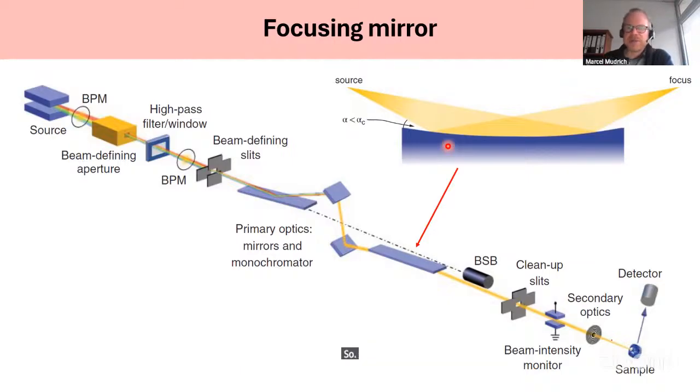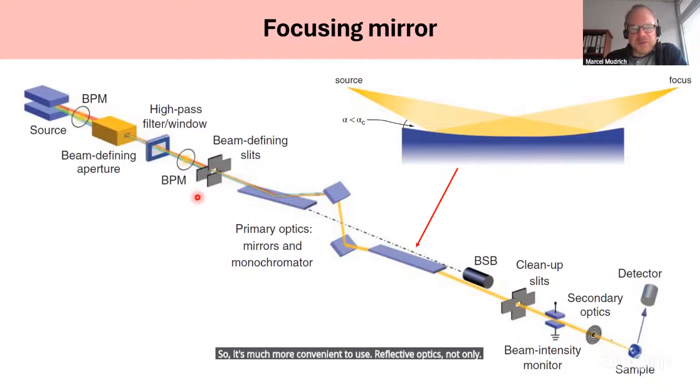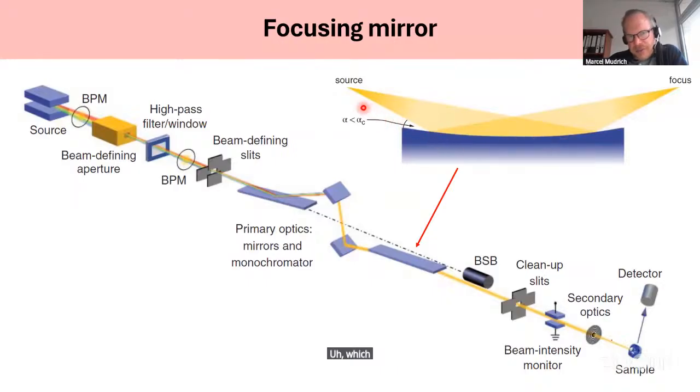So it's much more convenient to use reflective optics, not only for steering the beam, but also for focusing the beam. For example, the focusing mirror shown here has a curved surface, which of course should be shaped in the right way.